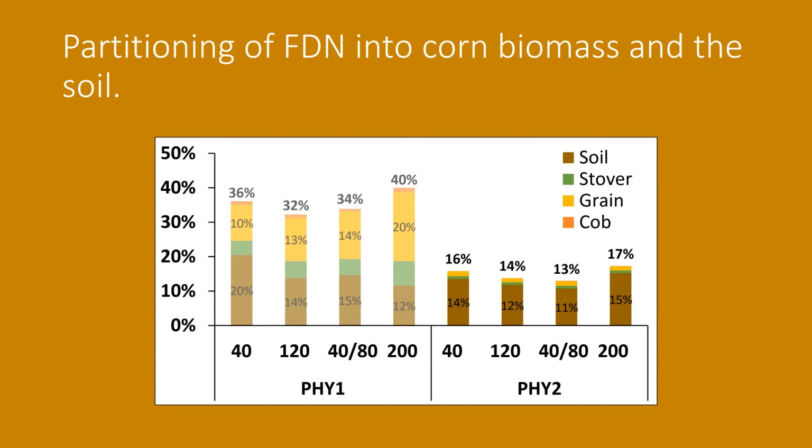And the majority of that was actually found in the soil, as was shown previously. And so the lack of change when you look at the brown bars here versus the brown bars here may indicate there's very little change between the treatments over the 2 years. And so that may indicate that the organic fertilizer-derived nitrogen is actually fairly stable. And so it may be slowly mineralizing over time, but it's only providing a small amount of fertilizer-derived nitrogen to the succeeding crop.